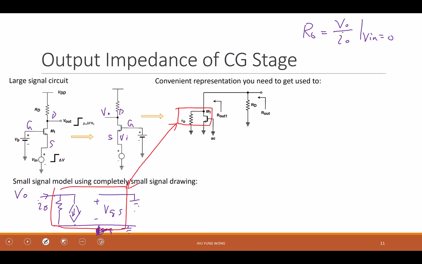Because I'm confident, I think I've grown up already, I don't want to draw the whole thing because I know what's inside. I just draw this. And then I even ground the VDD because I know I'm doing AC. But if you give this circuit to anyone who is just studying electrical engineering, they will say, what?